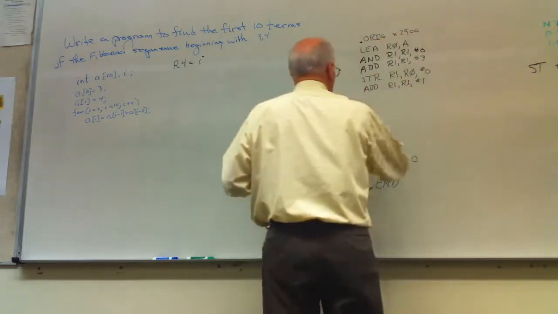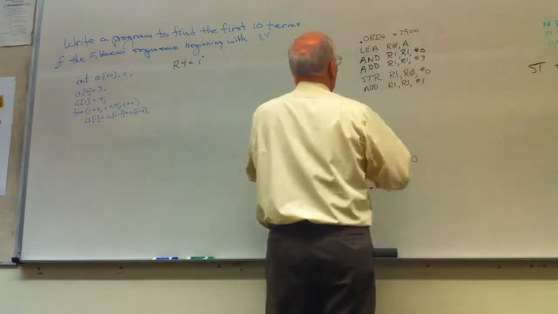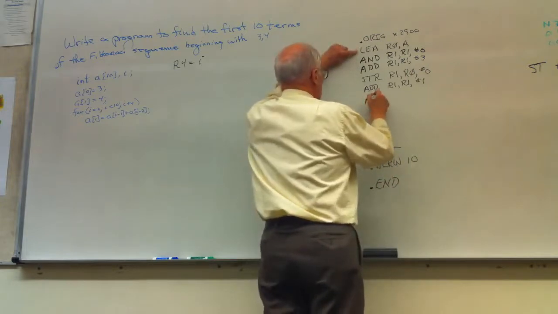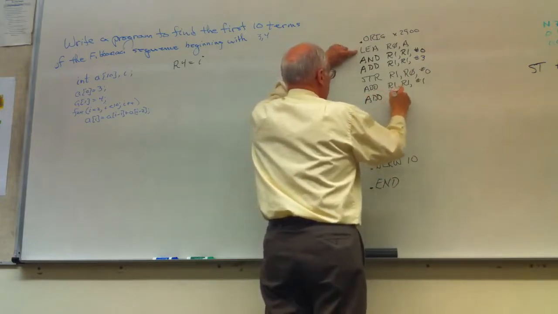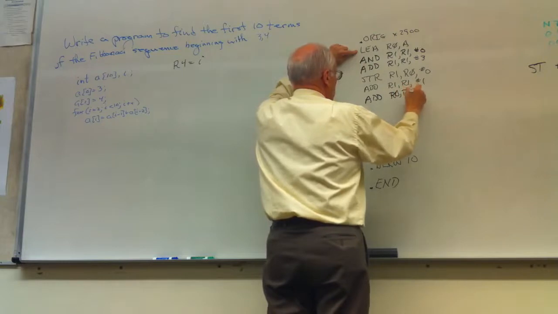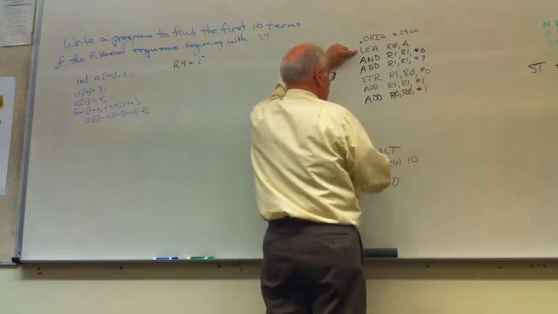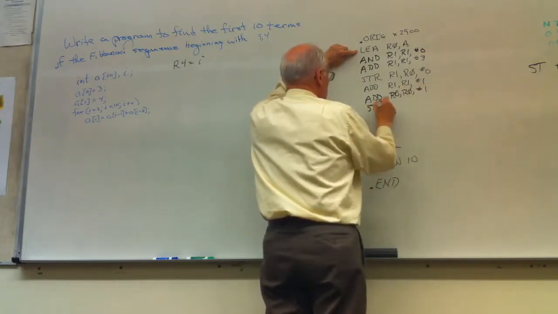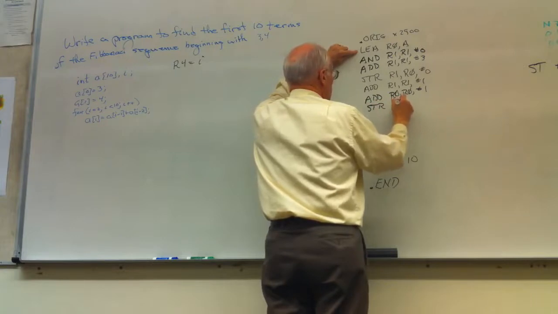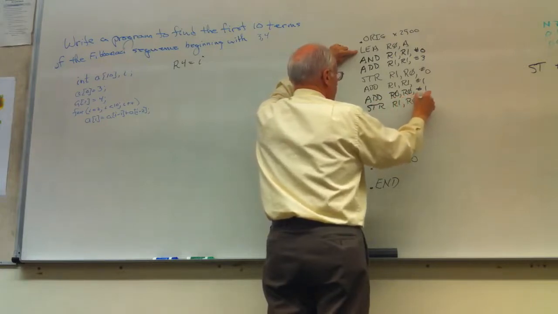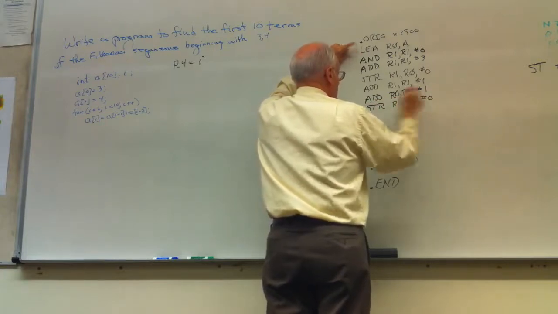So what I'm going to do is change the address that's in register 0. I'm going to increment it by 1, and then we'll store the thing directly.